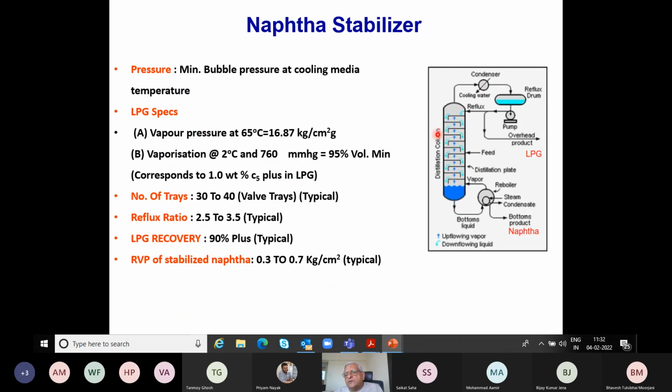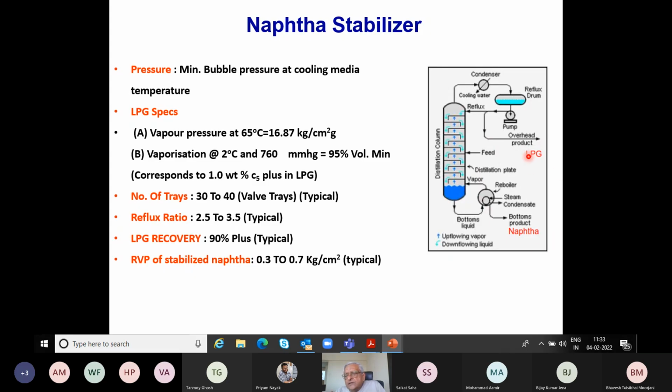This is a very important column in this crude unit, which helps you to separate out. The main function of the naphtha stabilizer is to distill off the LPG from the naphtha fraction. And both of them are very important streams in the refinery.